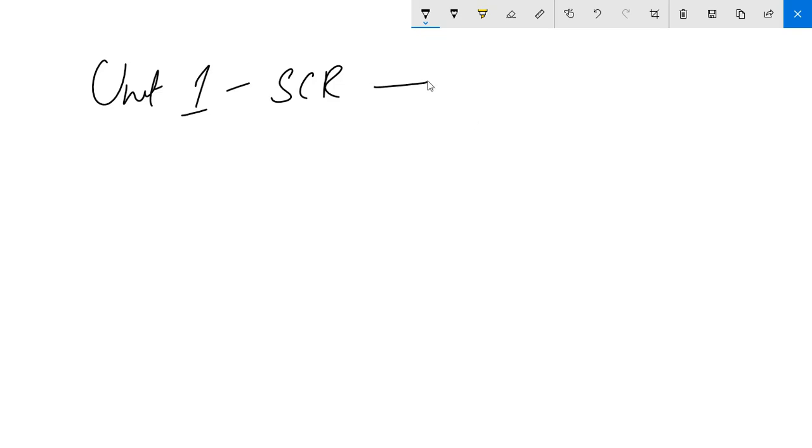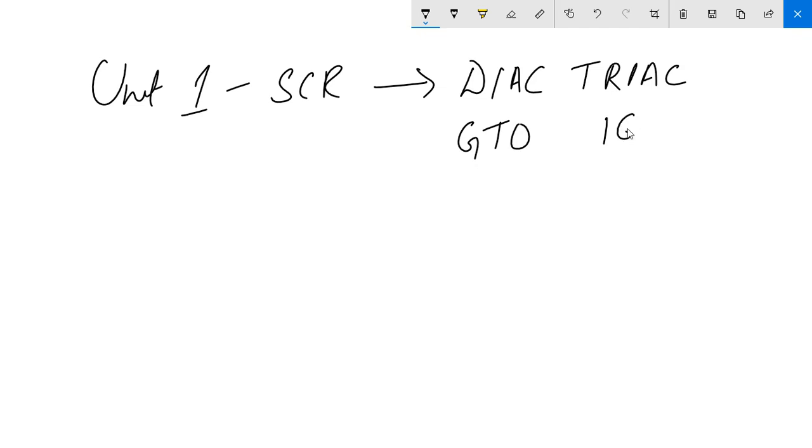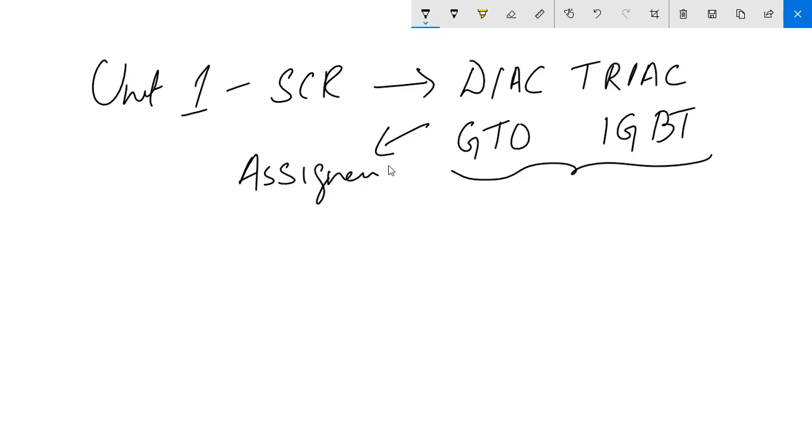In unit 1, I have left the DIAC, TRIAC, and next GTO and IGBT. The characteristics of these devices are an assignment number 1 for you.